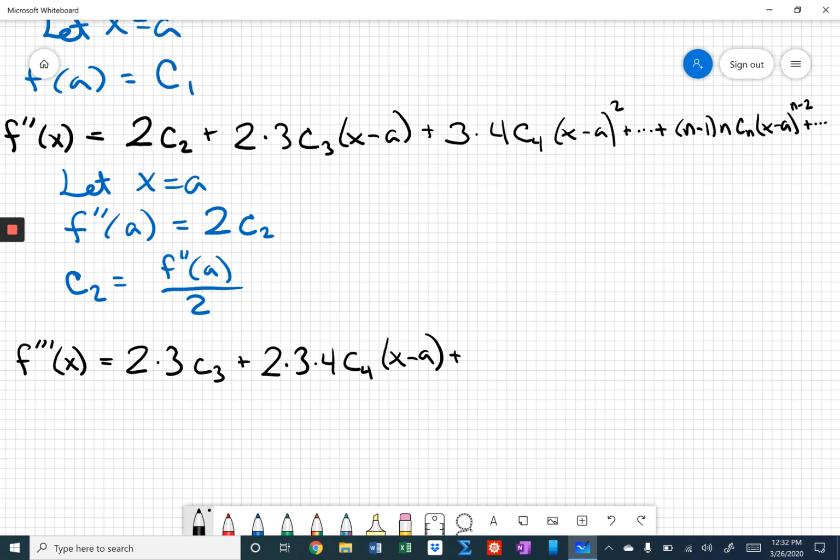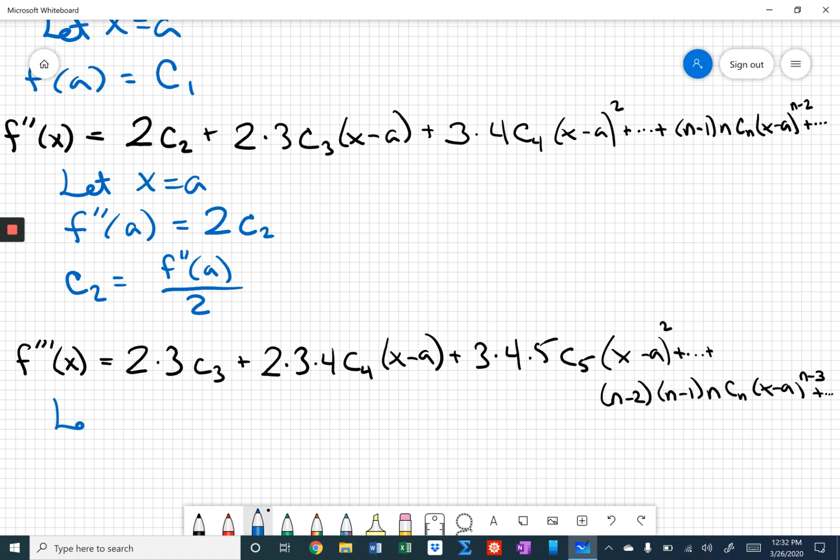Well, it should be 3 times 4 times 5 times c sub 5 times x minus a squared plus dot dot dot plus n minus 2 times n minus 1 times n times c sub n times x minus a to the n minus 3, and then plus dot dot dot.